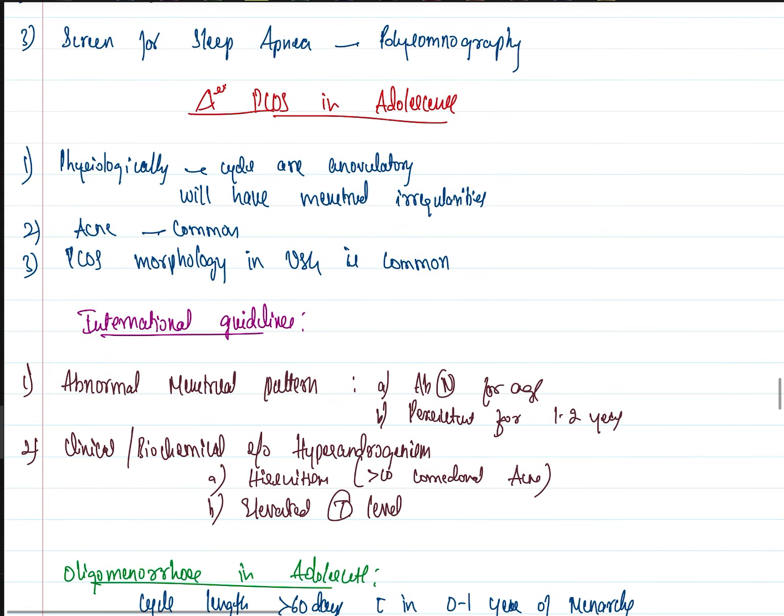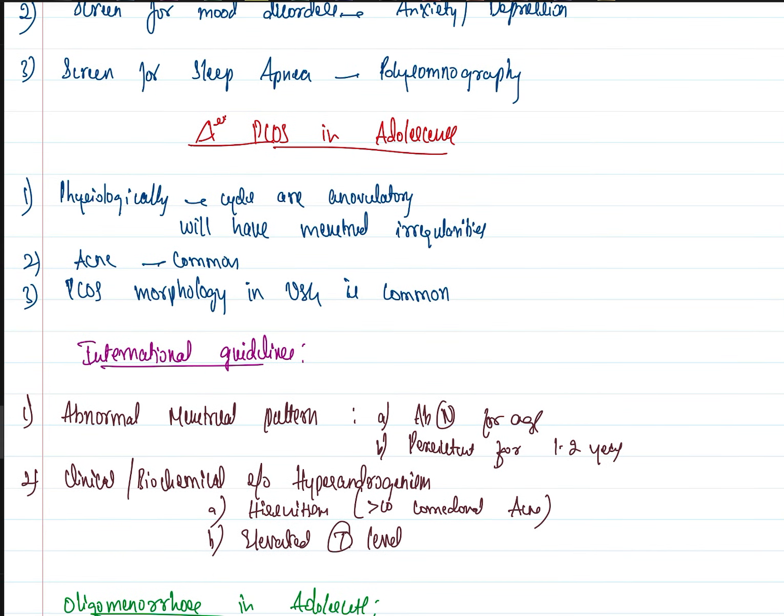Okay. The problem in adolescents is because they usually have acne, and physiologically also the cycles are anovulatory, and the PCOS morphology is common in adolescents. So there is a difficulty in diagnosing PCOS in adolescents.